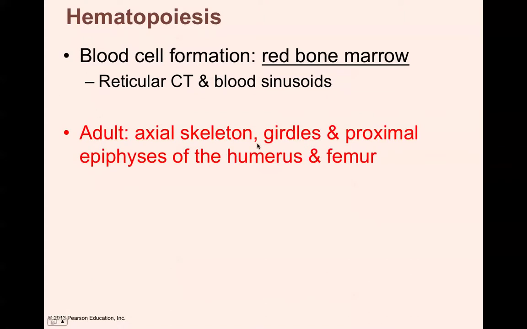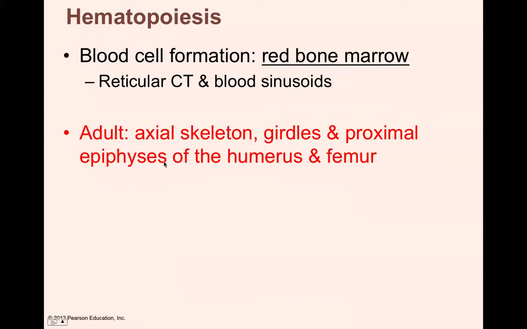Hematopoiesis. This is a word that means blood cell formation, and it happens in the red bone marrow, within the marrow spaces. This is actually a little bit also in the reticular connective tissue and the blood sinusoids within the red bone marrow.